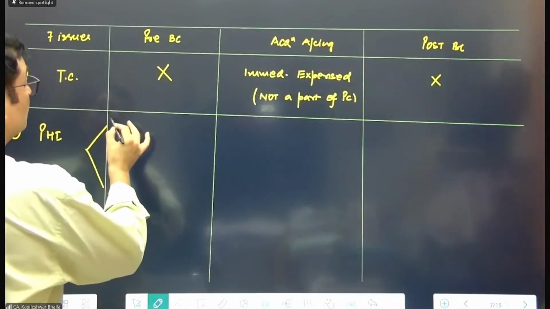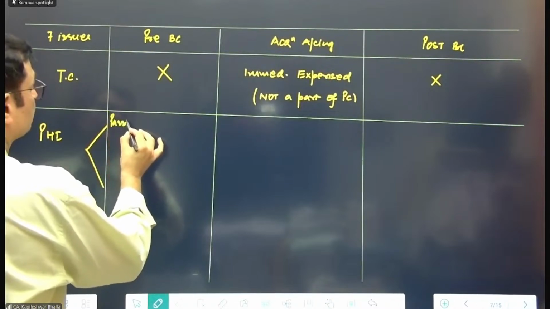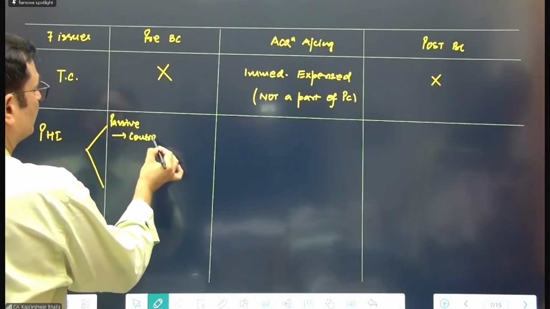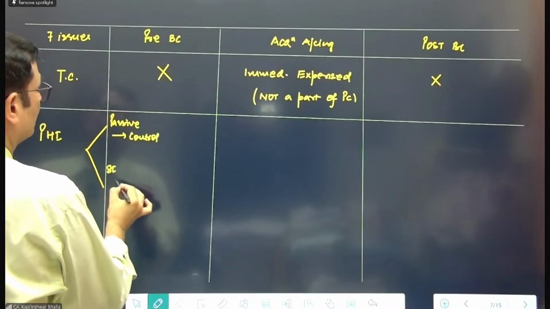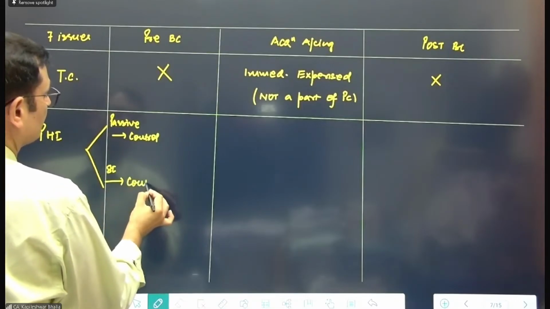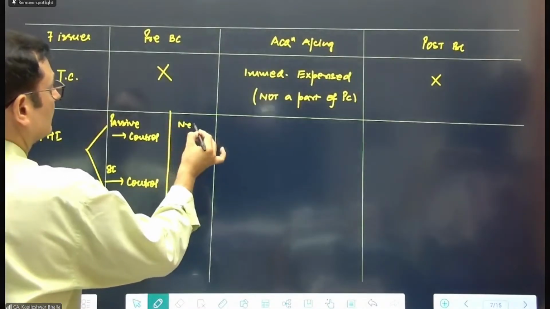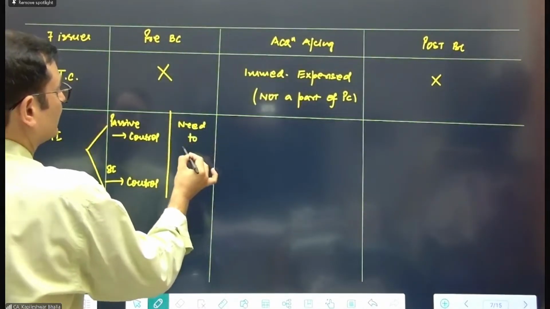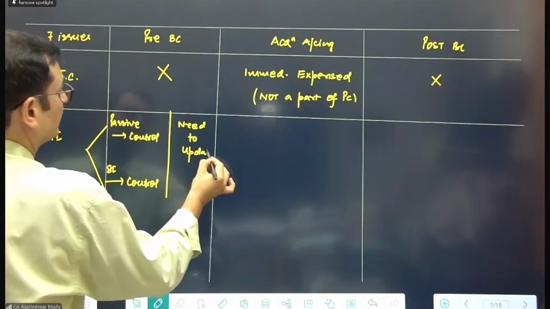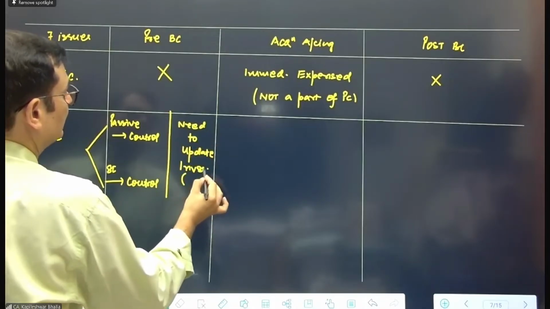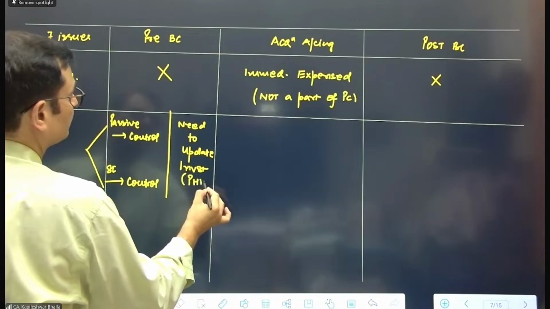Either it is a movement of passive to control, or it is a movement in terms of significant influence to control. So there will be a need to update investment, that is the PHI, at fair value.